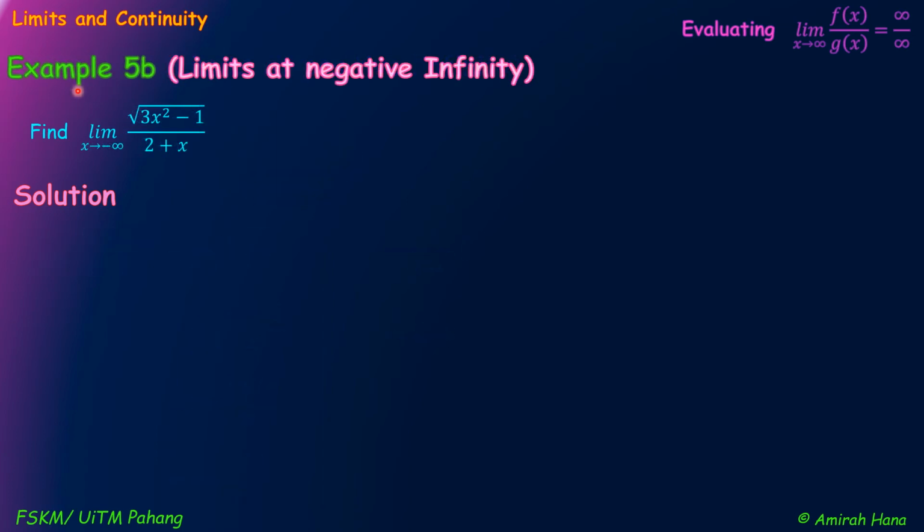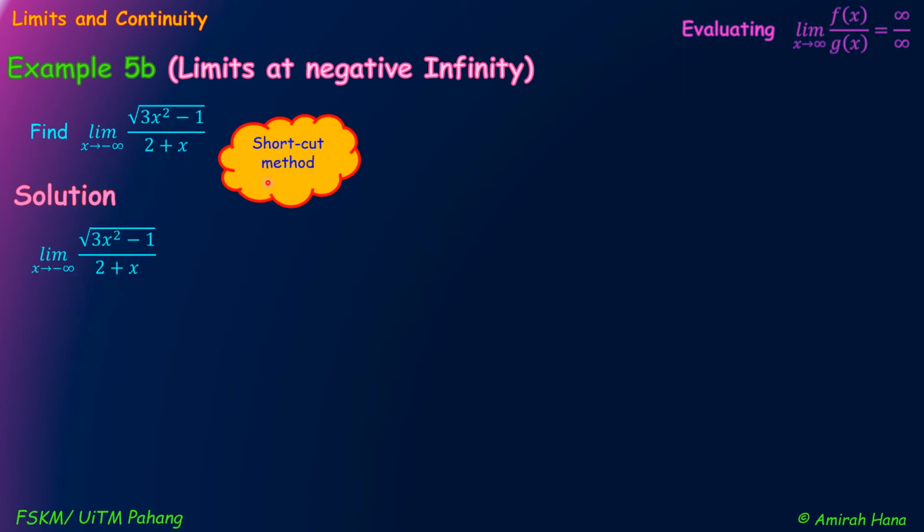Now we continue with example 5b. We use the same function, but now we want to solve the limit as x approaches negative infinity. From the given question, if we use the shortcut method, we just choose the term containing the highest power of x in the numerator and the term containing the highest power of x in the denominator.